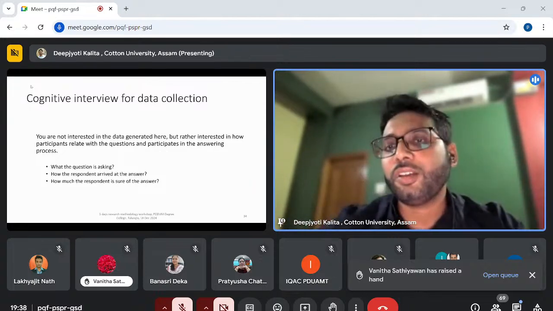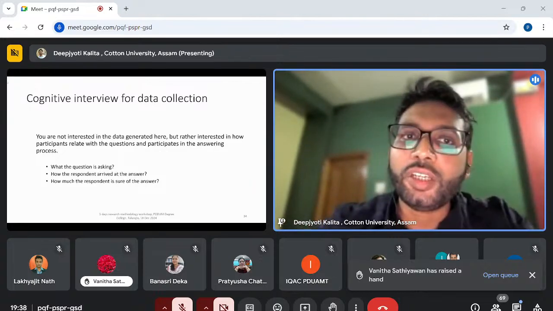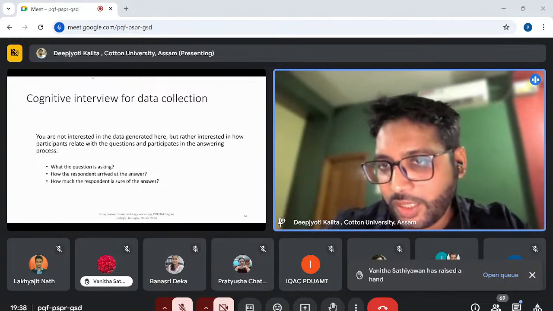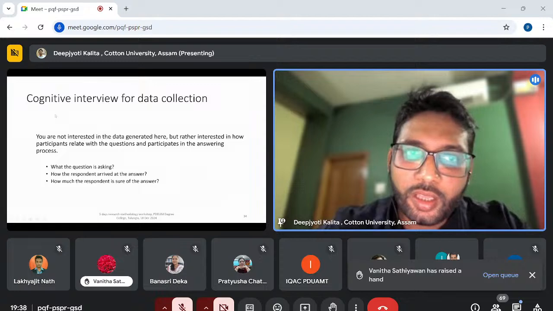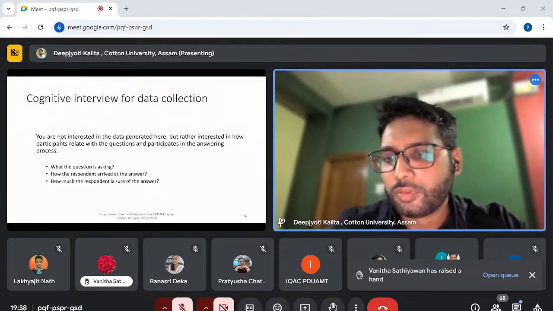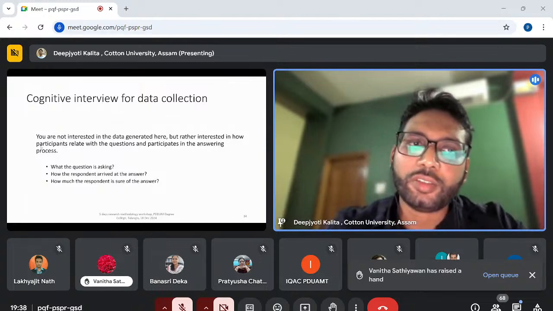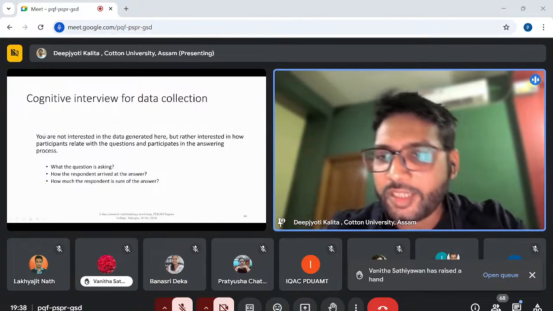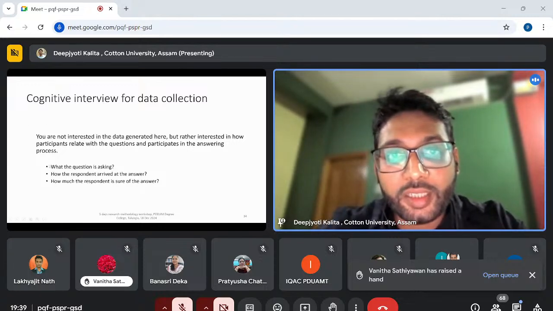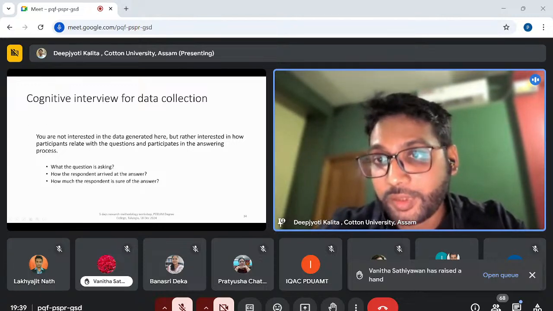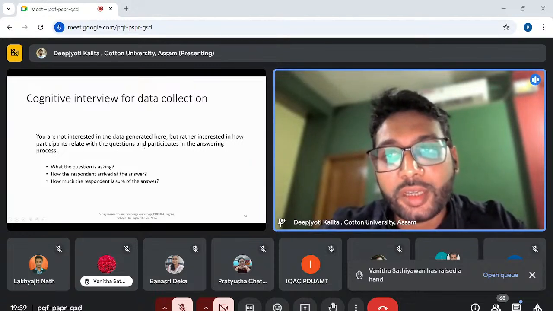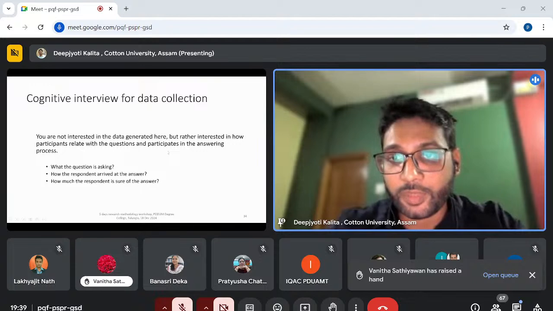Now, to remove all this, one process is to have a cognitive interview for data collection. That means you have already set your questionnaire. You make a sample survey among 10 or 15 people before going for the actual data collection. In the pilot study of 10 or 15 people, you are not interested in the data generated here, but rather interested in how participants relate to the questions and participate in the answering process.